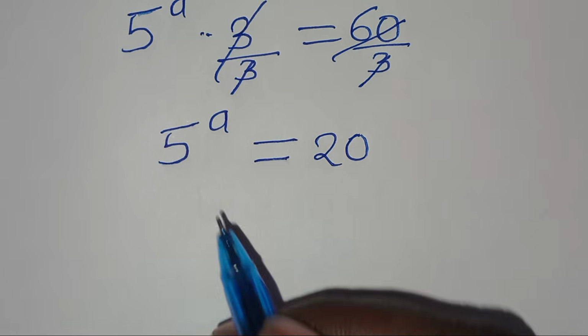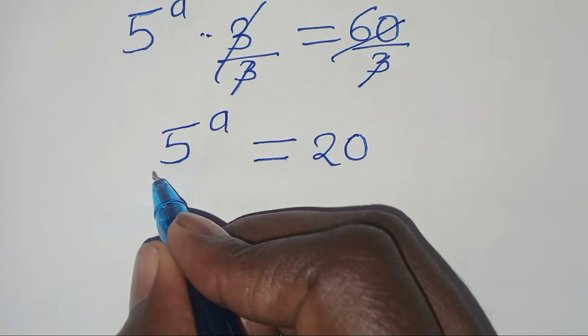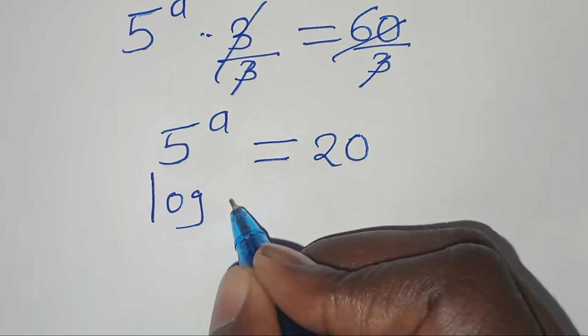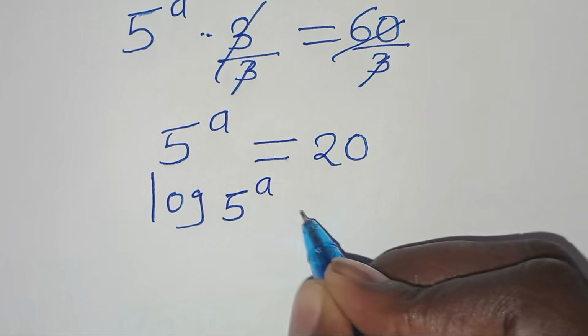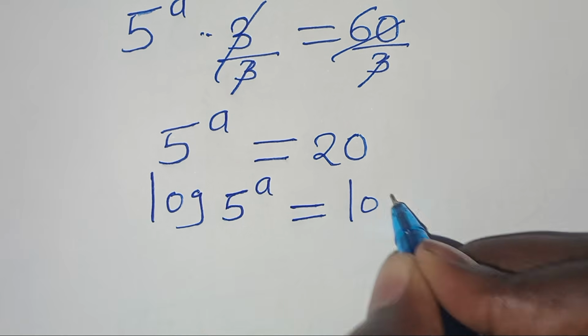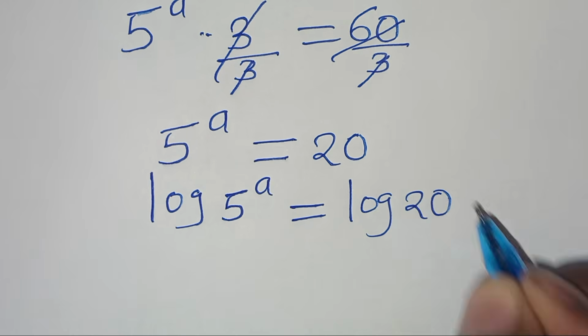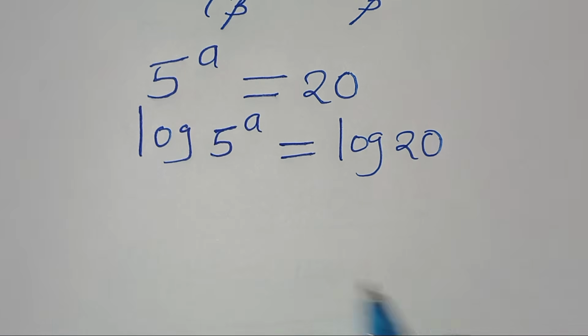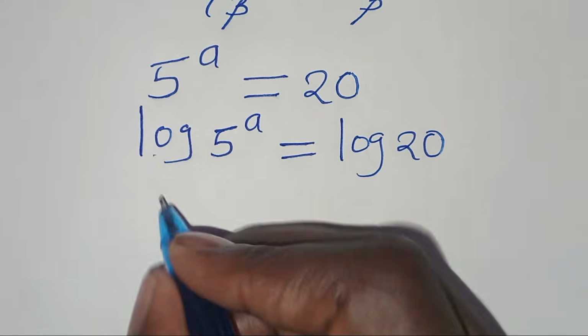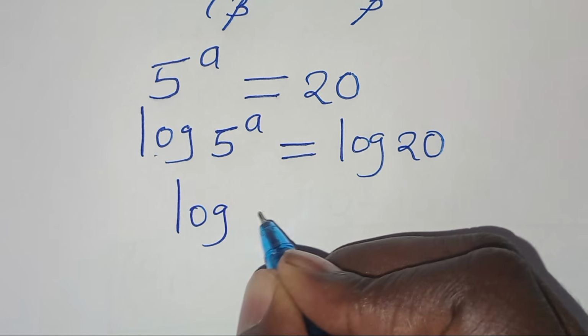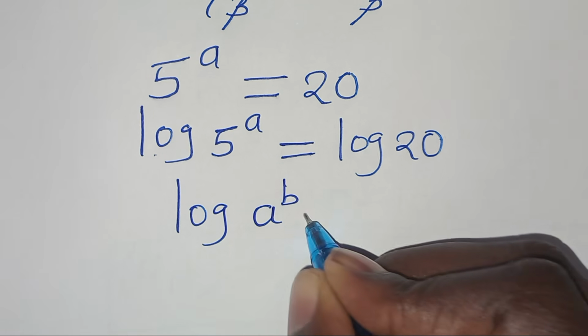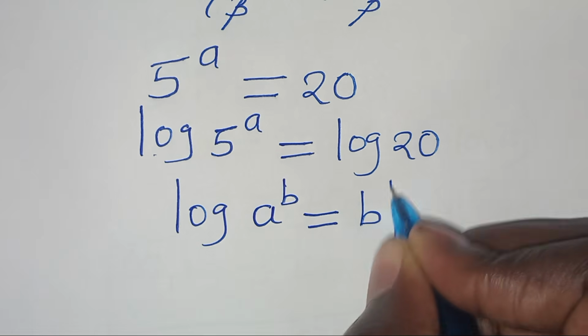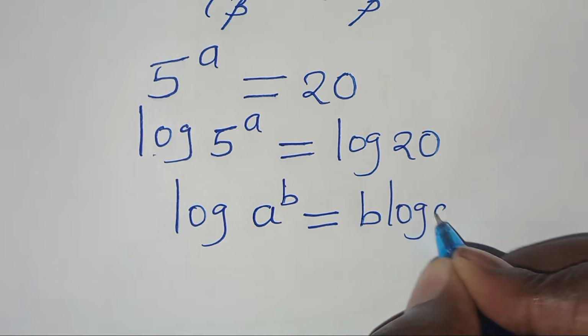Now the next step is to solve for the value of a. Let's introduce logarithm on both sides. We have log 5 to the power of a, this is equal to log 20. Now log 5 to the power of a is in the form of log a to the power of b, which can be expressed as b log a.